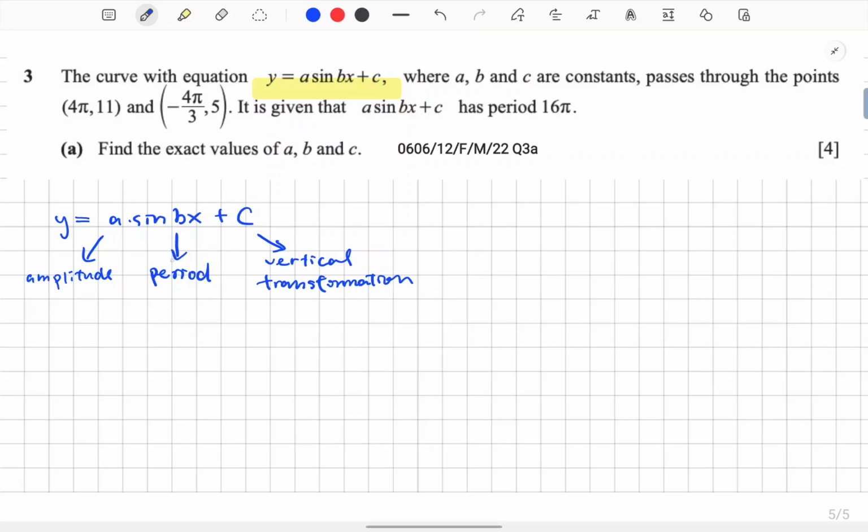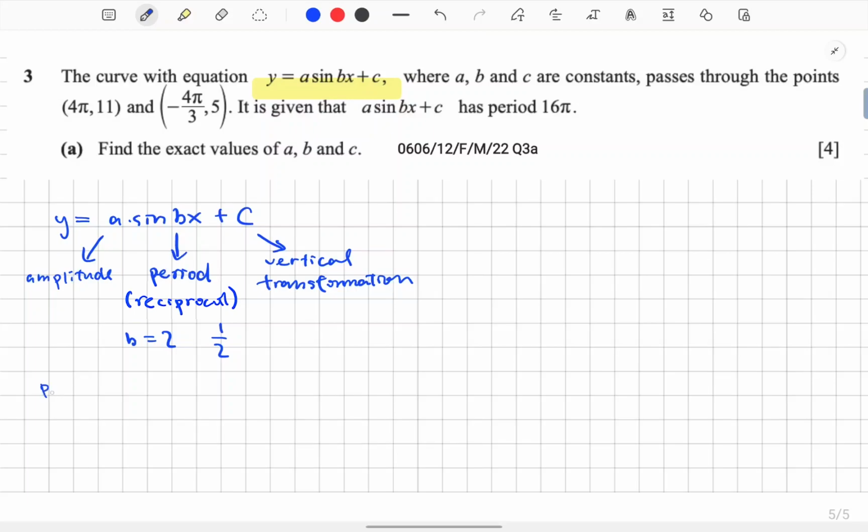But what's special about b is that it is actually a reciprocal. Meaning that, let's say if b is equal to 2, the period is actually halved. So we can come up with a relation.